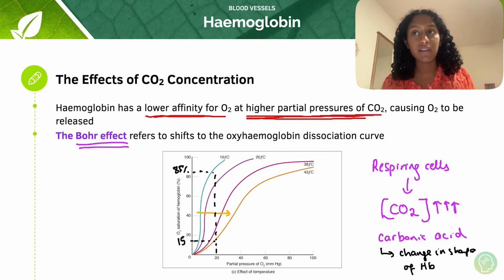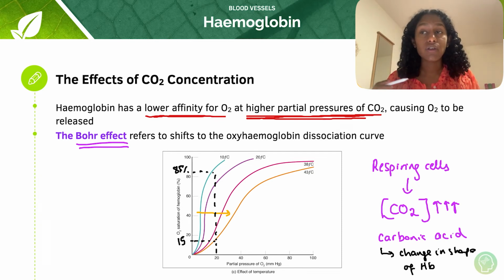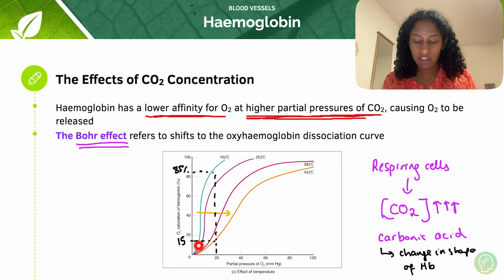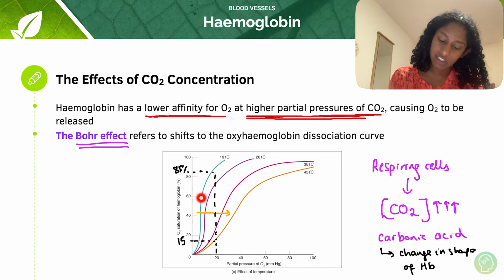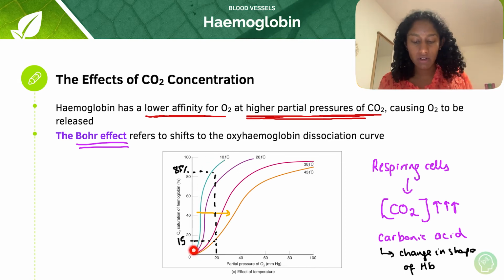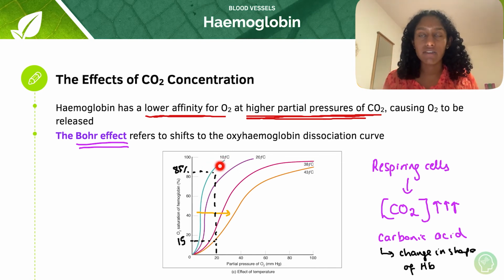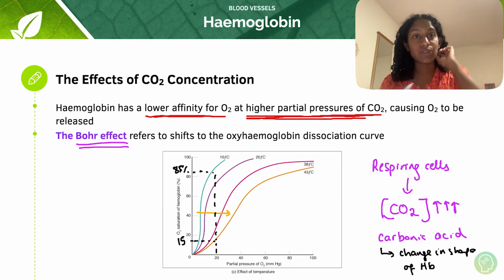So in our alveoli, we're going to have lower partial pressures of carbon dioxide, so our Bohr effect is going to shift our oxyhaemoglobin dissociation curve back to the left, towards these lower concentrations. And that's going to mean that haemoglobin has a higher affinity for oxygen, causing oxygen to associate to haemoglobin, which again is what we want in the alveoli.